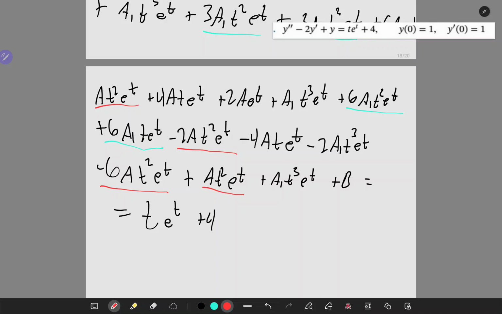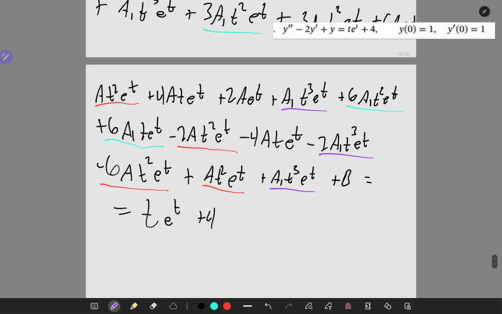Yes, and then we have this one, a1 t cubed, a1 t cubed, and we have another one. These two right here will just cancel out altogether, right? Minus 4 plus 4. Same thing with these two right here. These will just cancel out altogether, right?